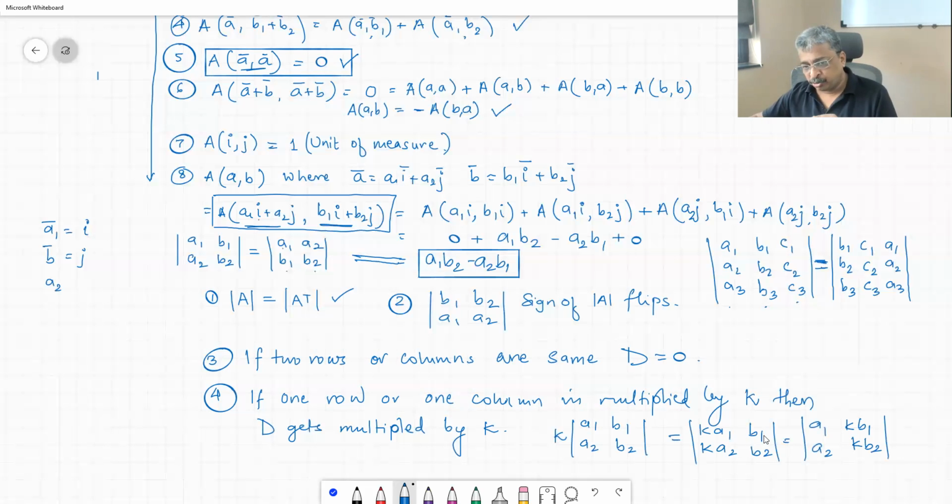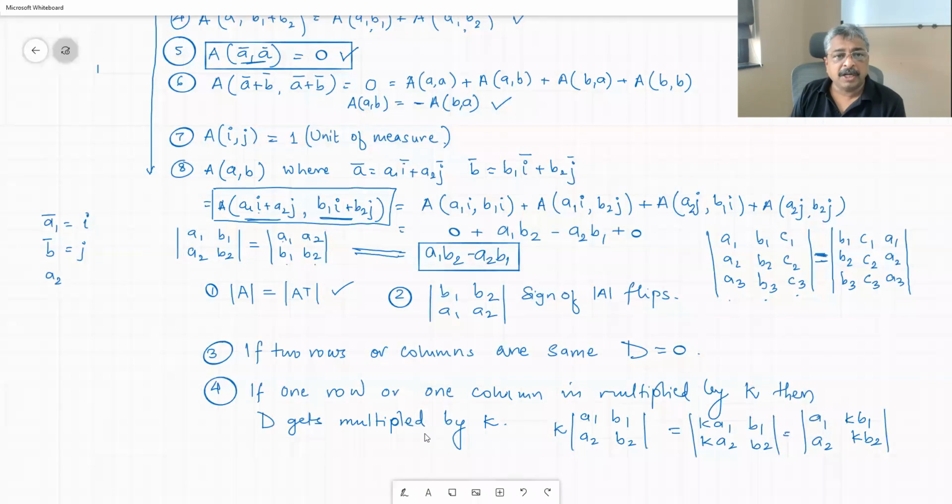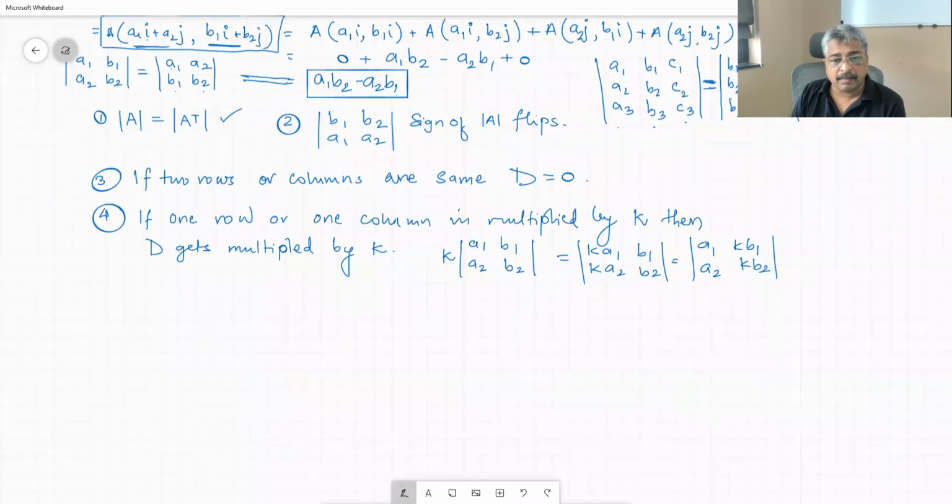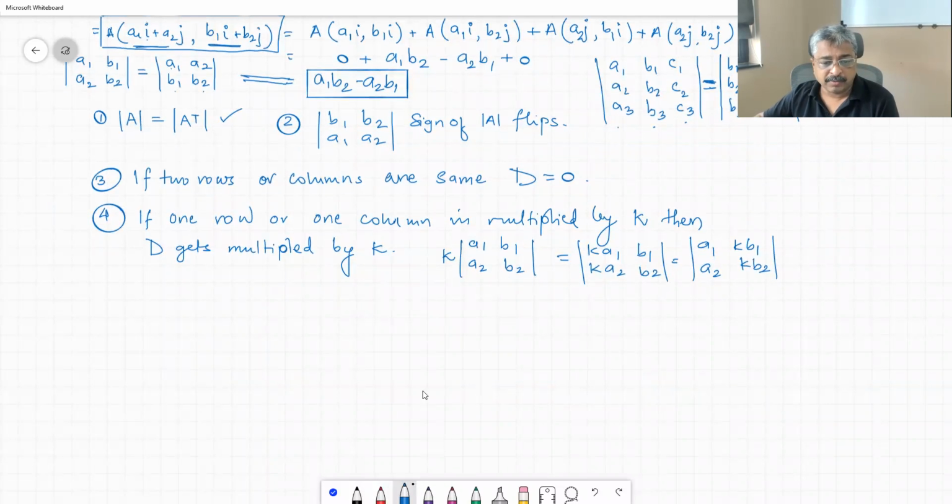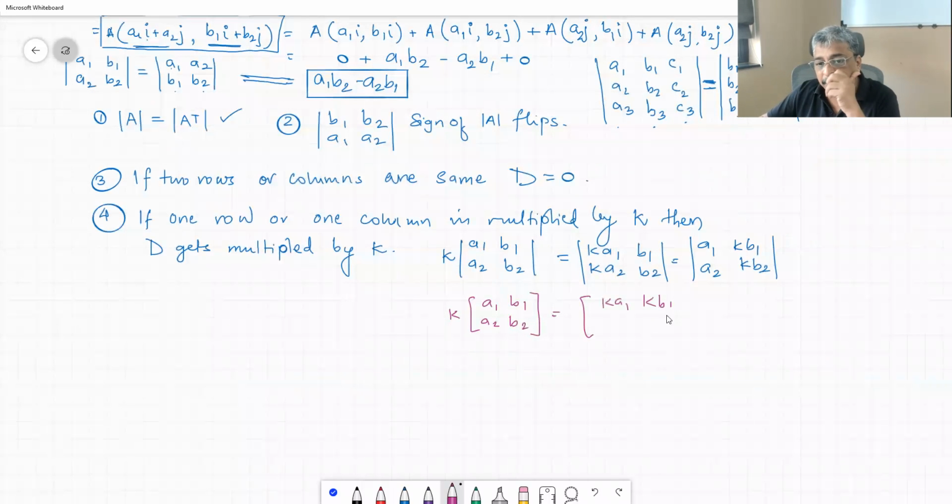K times A1, K times B1, A2, B2 row. You understand that? But then when I say K times determinant, K times matrix, when I say K times matrix A1, B1, A2, B2, this is equal to Ka1, Kb1, Ka2, Kb2.